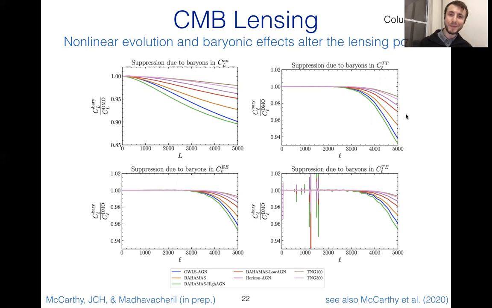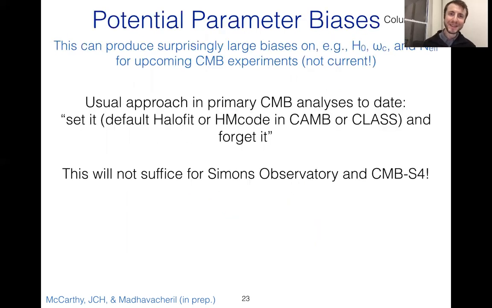Our data is going to be so incredibly precise that even these subtle effects actually start to matter, which is kind of interesting. We usually don't think about AGN feedback having an impact in the primary CMB, but here it is. Okay, so I'll show you the consequences in just a second.